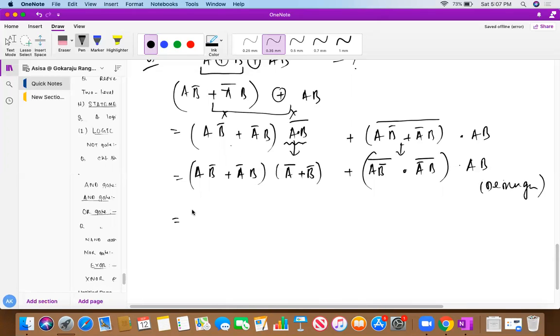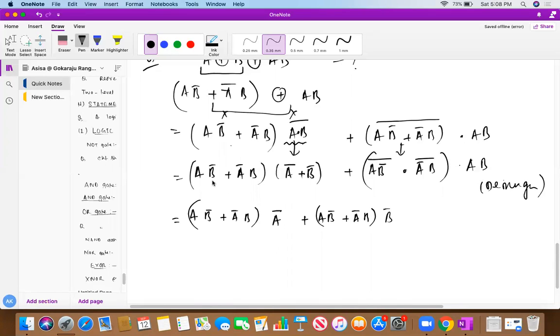Next, what I am going to do, can I write it this way? This will be my A B bar or A bar B with A bar. Understand? Very simple, with A bar. Also I can write this one as A B bar or A bar B with B bar.